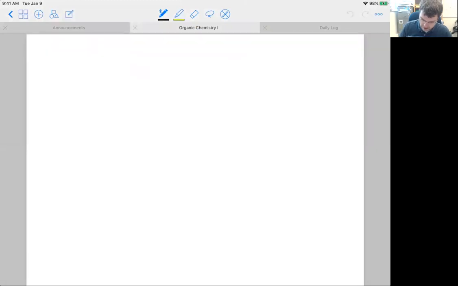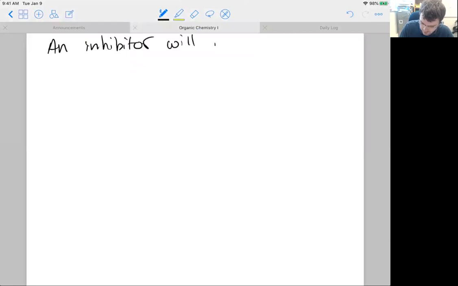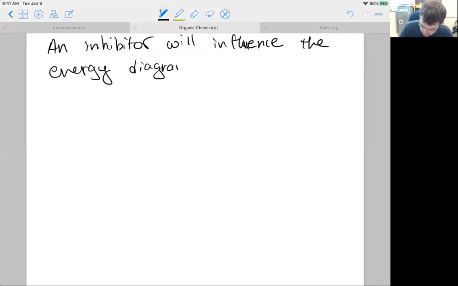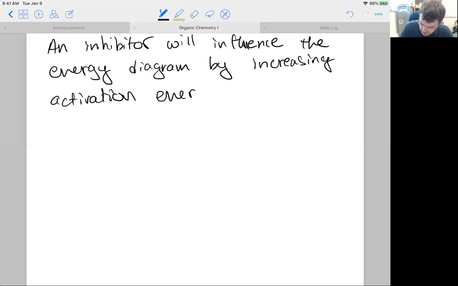So looking at an inhibitor, it will influence the energy diagram by increasing the activation energy. So it's the activation energy that's increasing in this way.